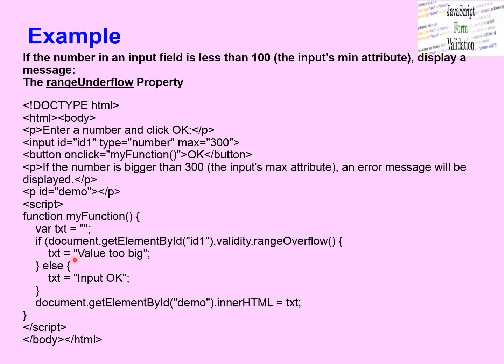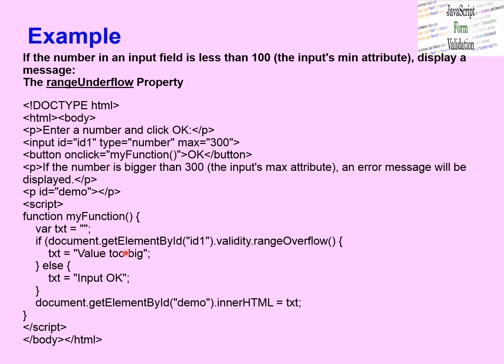Then after the if statement there will be another statement, document.getElementById demo dot innerHTML. Using the innerHTML property, we are setting the content in txt to the demo id. Here demo id is specified for this particular paragraph. So this paragraph contains a text called value too big. After this particular line, the web page will produce a new line called value too big.